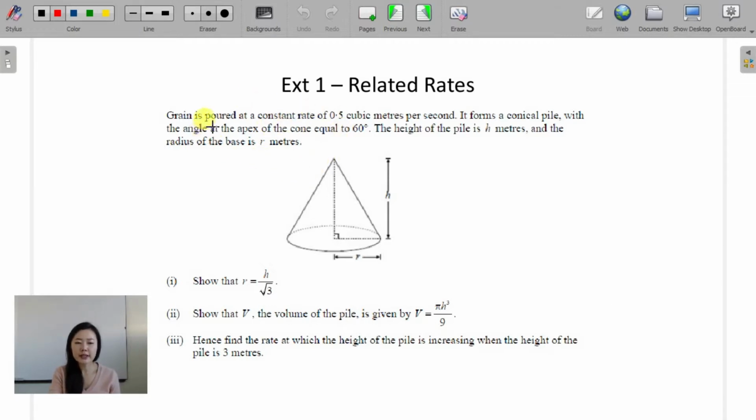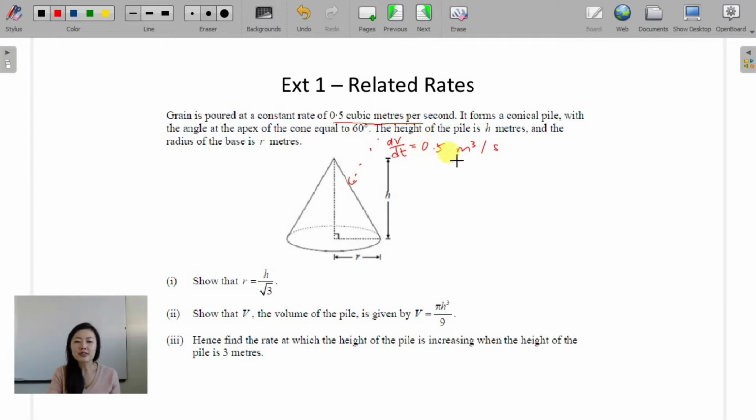We've got grain being poured at a constant rate of 0.5 cubic meters per second. Imagine grain going into the pile at 0.5 meters cubed per second. This is a little trick I always teach my students: because this is a volume per time measure, this is dV/dt.